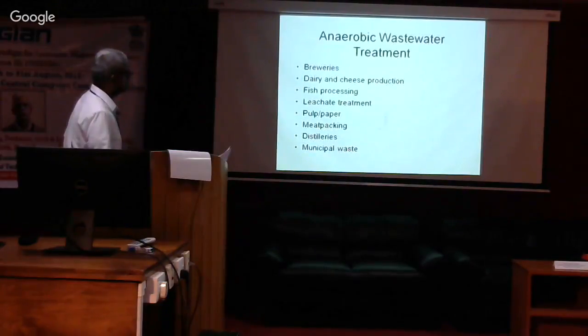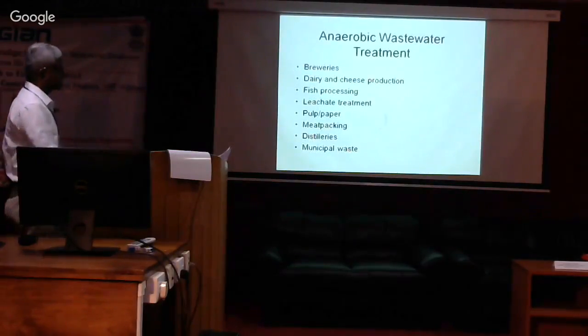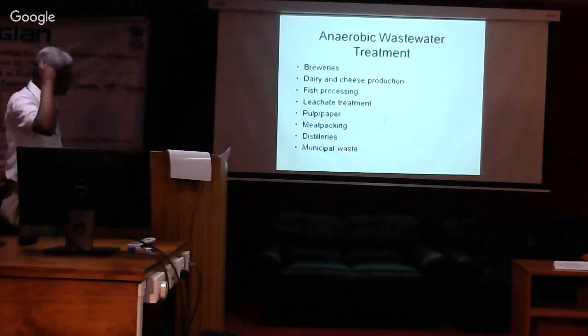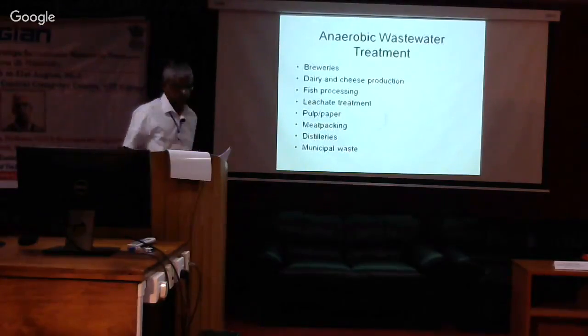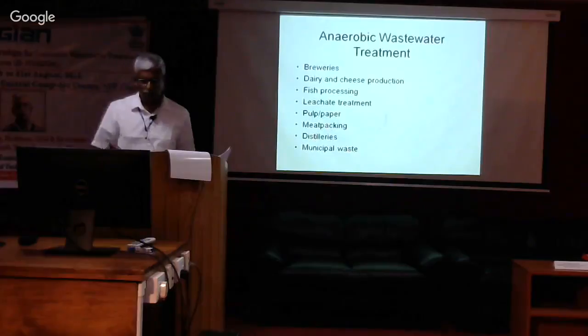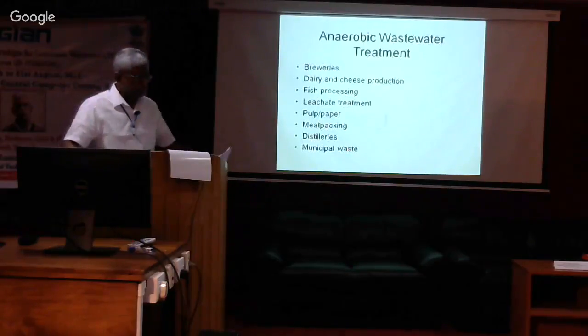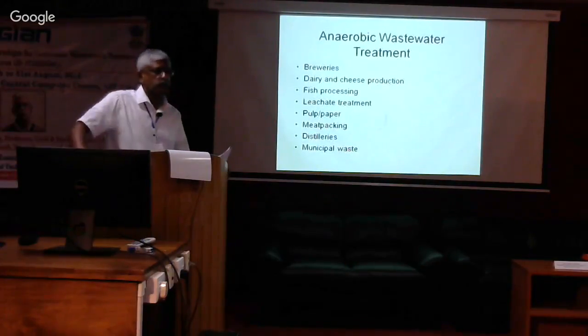What could be your starting materials? They could be brewery waste, which is what we will discuss in the tutorial. It could be dairy waste, dairy and cheese production, fish processing. I mean, I talked of aquaculture, where you are growing the fish. And of course, when you grow the fish, you have to feed the fish much more than can transfer into the fish protein.